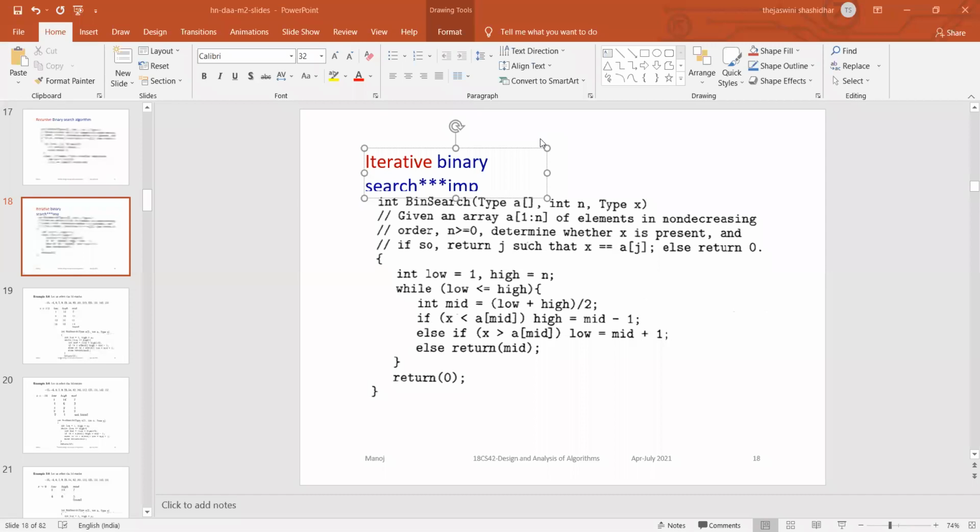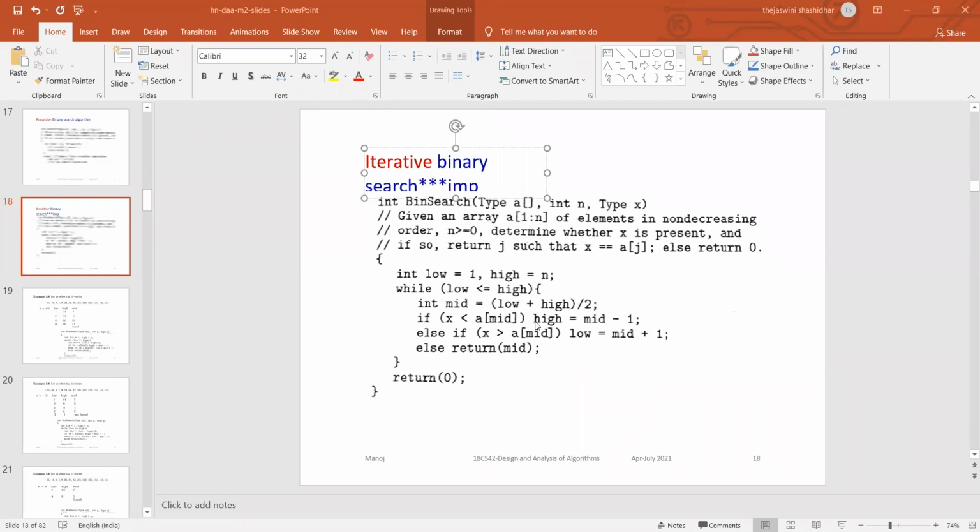Kindly understand. When you go with an iterative search, keep this in your mind. First you find whether low is less than or equal to high. If low is less than or equal to high, you find the mid element: mid is equal to (low plus high) by 2.